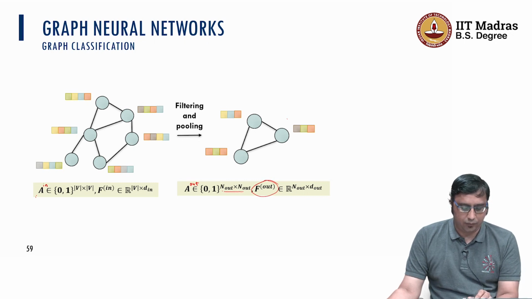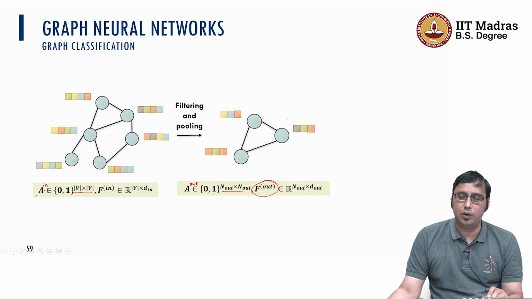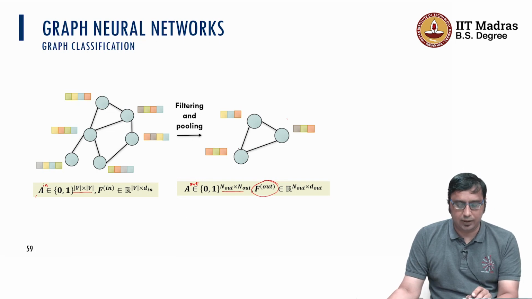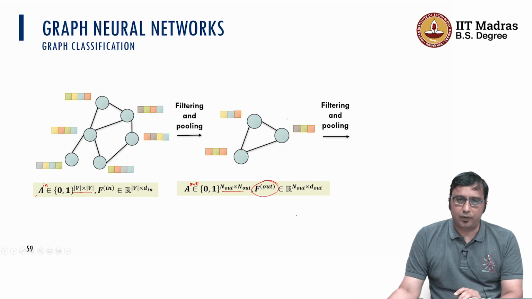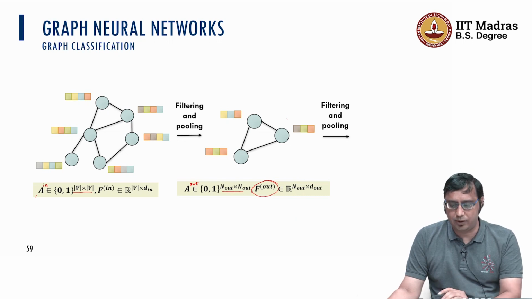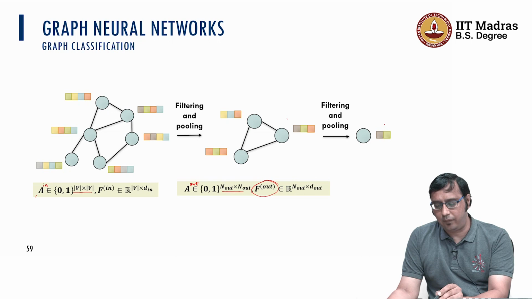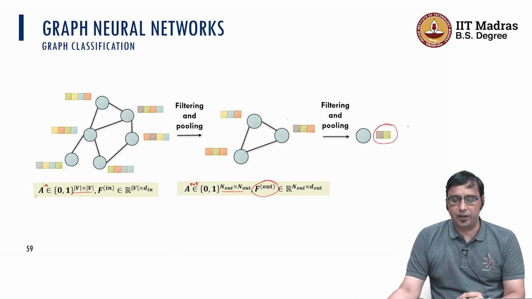However, it is clear from the dimensions of these two matrices that this has fewer nodes, and these super nodes can be further coarsened by applying filtering and pooling operations to get a final feature for this particular graph.